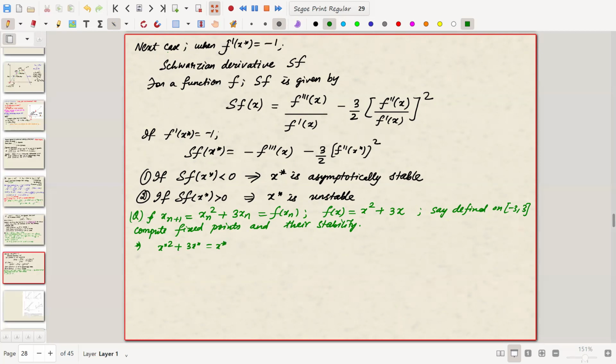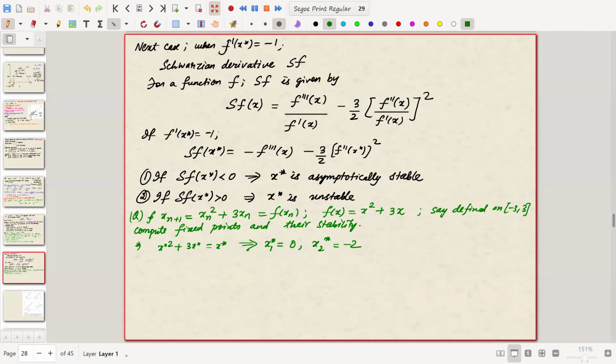Can you give me the root for this? Please see carefully. Root 2 won't come. Check that one will be 0 and another fixed point will be minus 2.